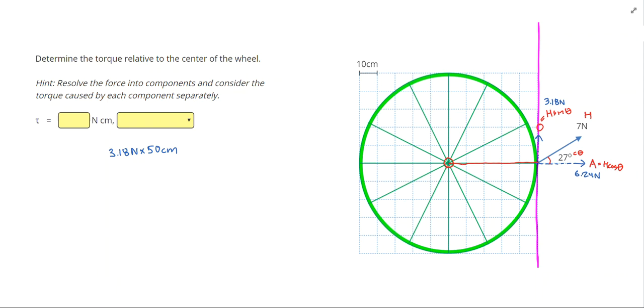And I get 159 Newton centimeters. Alright, again, the adjacent side isn't causing any rotation, it's just the opposite side, the vertical component, that I need to look at. So that vertical component is pulling up on the right side of the wheel. Pulling up on the right side of the wheel will cause a counterclockwise rotation.